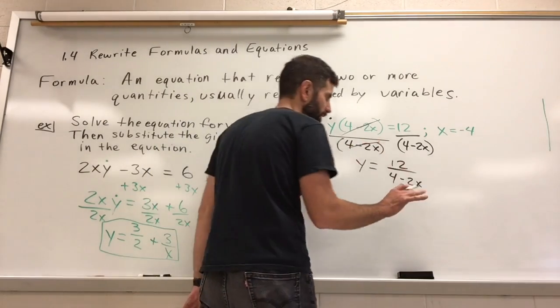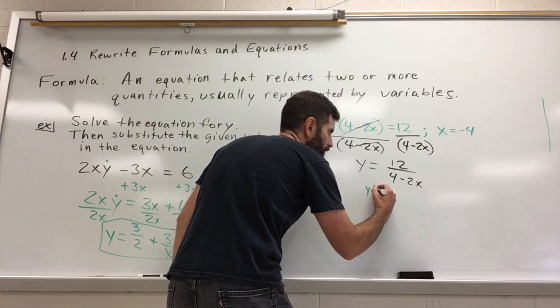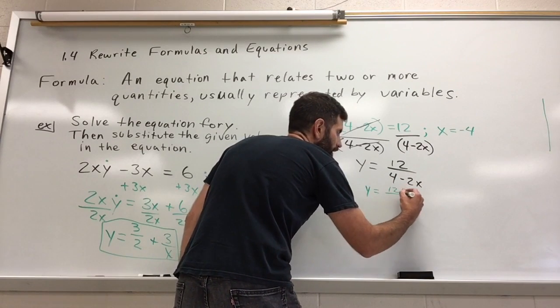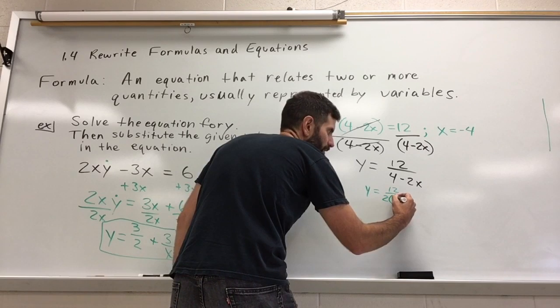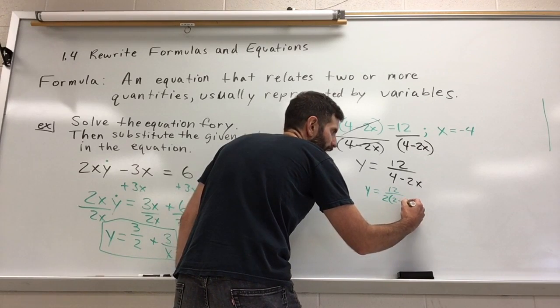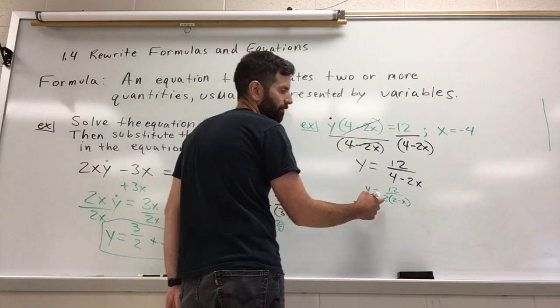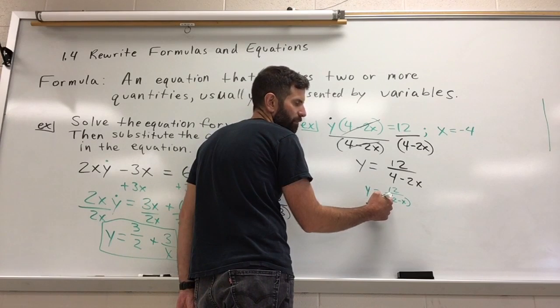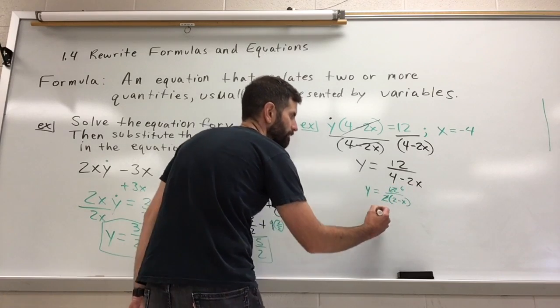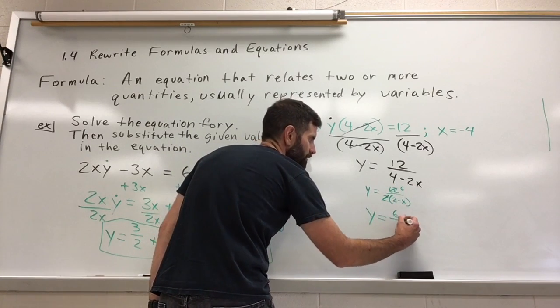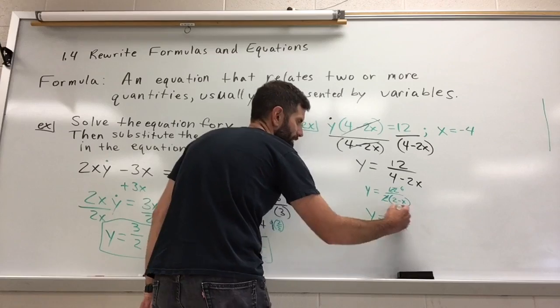You write 12 over, you factor a 2 out, leaving behind 2 minus x. And then from there, because it's multiplying, you can divide the 12 and the 2, and you get y equals 6 over 2 minus x.